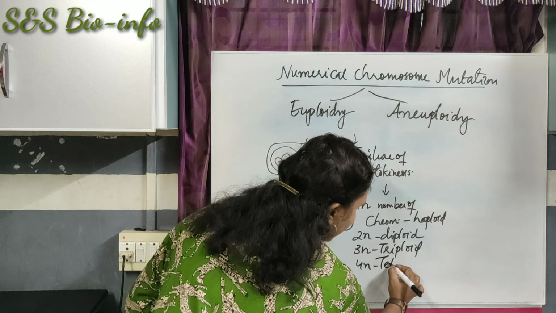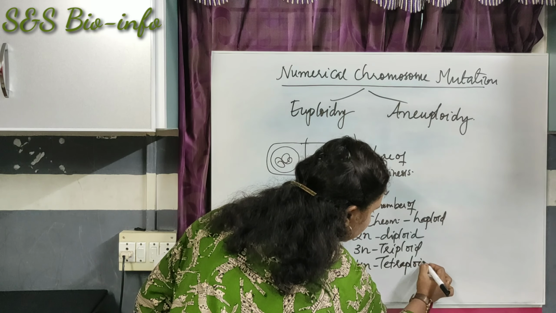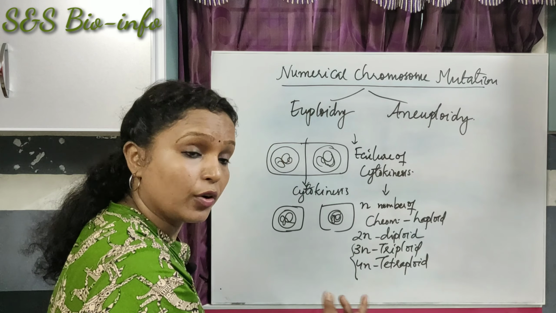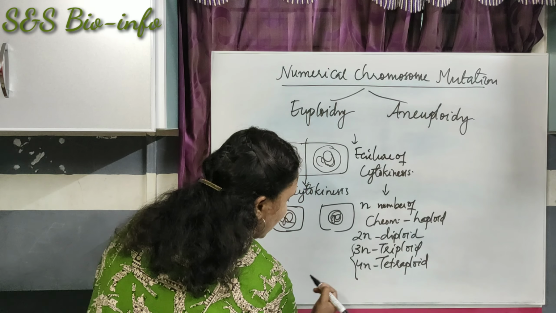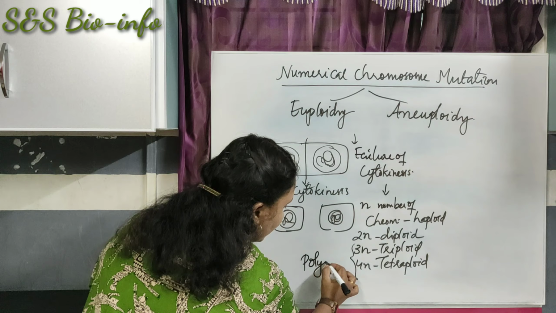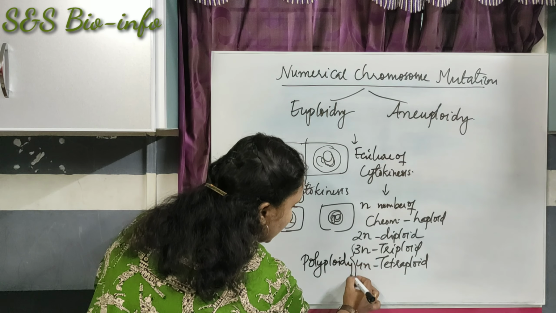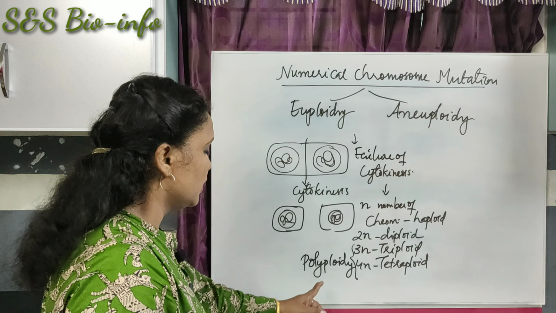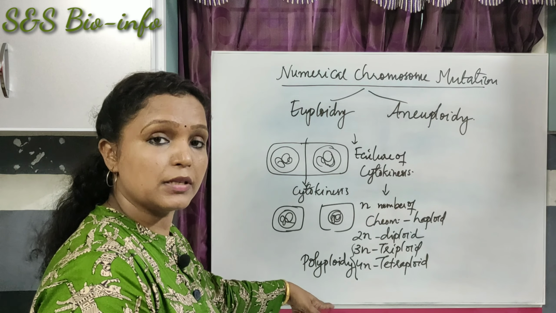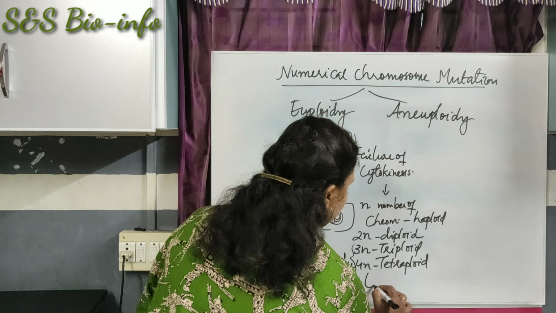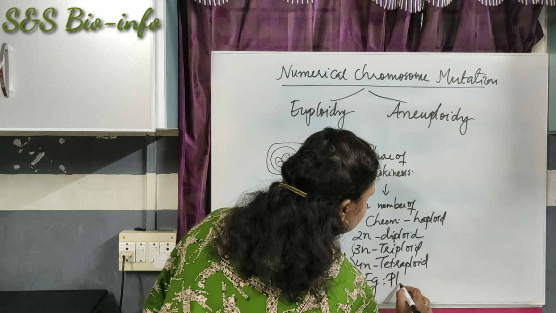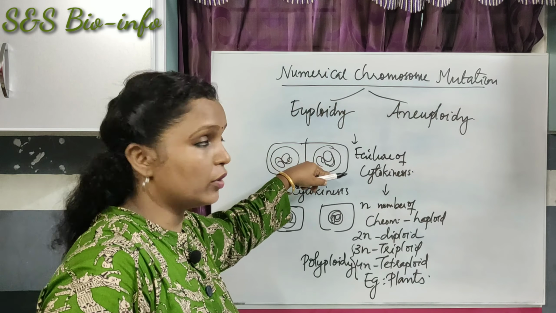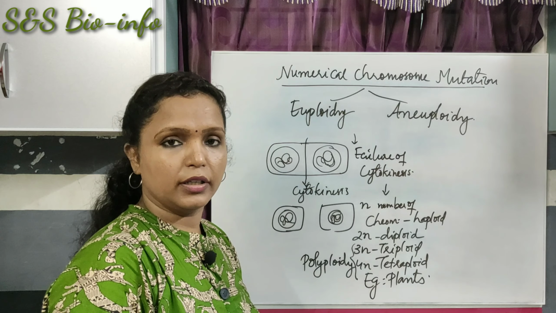If it consists of more than two sets of chromosomes, this condition is called polyploidy. 3n, 4n, 5n, 6n conditions are polyploidy conditions. These polyploidy conditions can be seen in plants. So did you get it? That is the reason for euploidy. The next is aneuploidy.